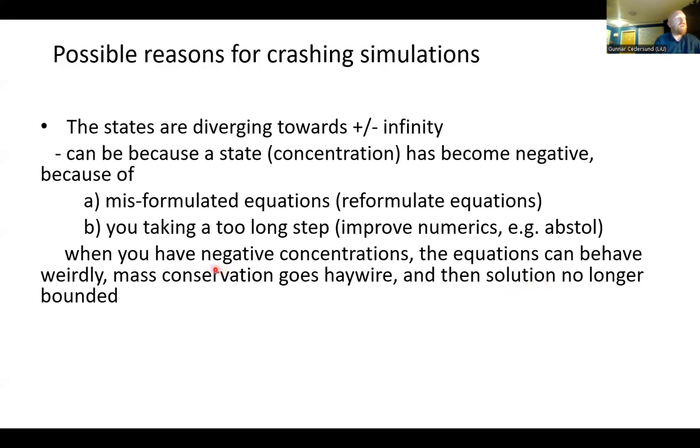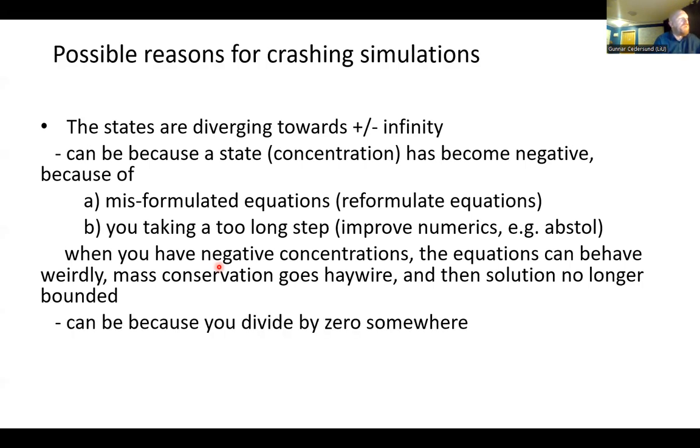So once you have started to get on the wrong side, on the negative side, so you have negative concentrations, which is of course unphysiological, then the numerics often also has problems. But it can also be because of other reasons, because you've misformulated the equation so that you divide by 0 somewhere.